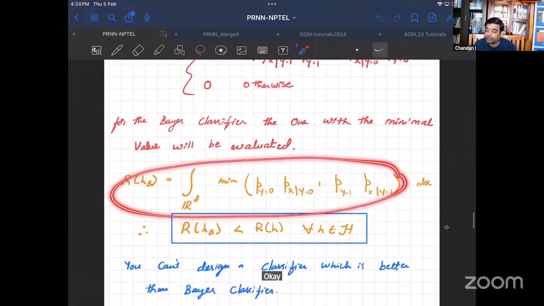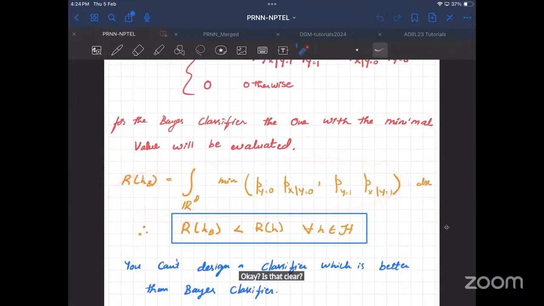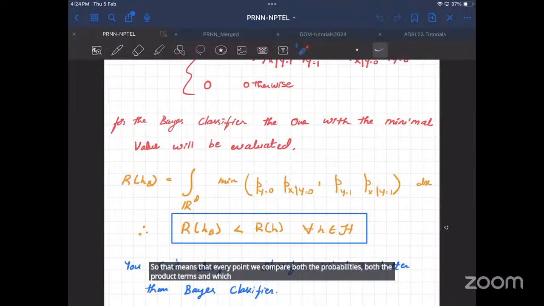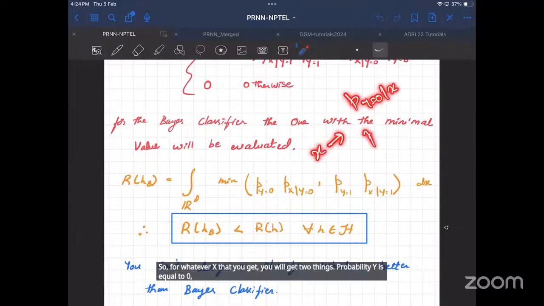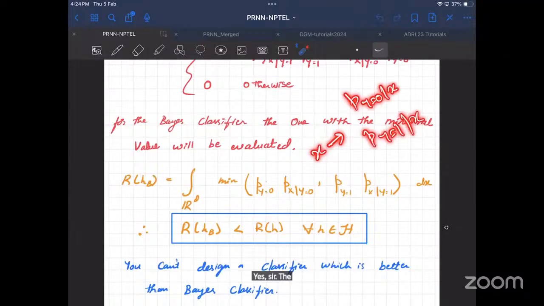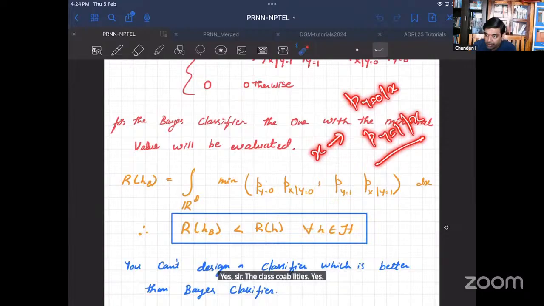Is that clear? So that means at every point we compare both the probabilities, both the product terms, and whichever one of them is the smallest, we take that one. For whatever x you get, you get two things: probability y is equal to 0 given x, and probability y is equal to 1 given x. Correct? Yes, sir.